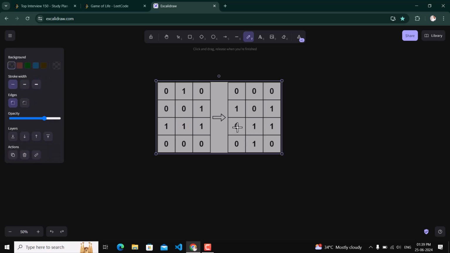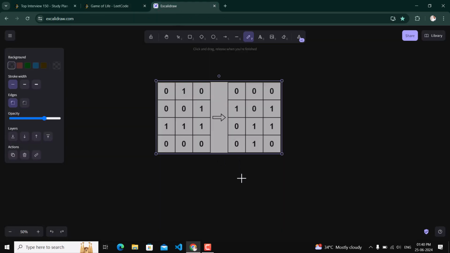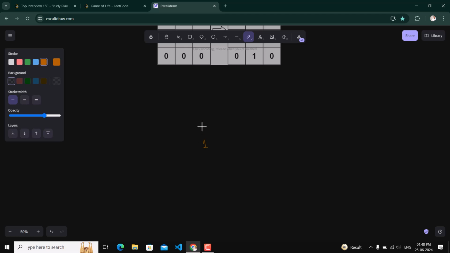Now let's go to the third rule. Any live cell with more than three live neighbors dies, as if by overpopulation. Let's consider this scenario. We have one, and for the neighbor cells, let's consider this one: one, one, one, one, zero, zero.